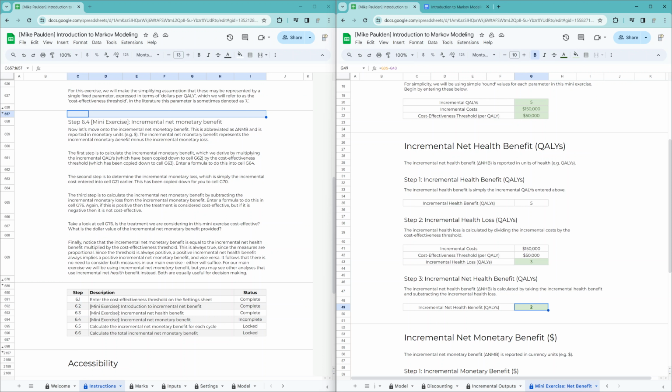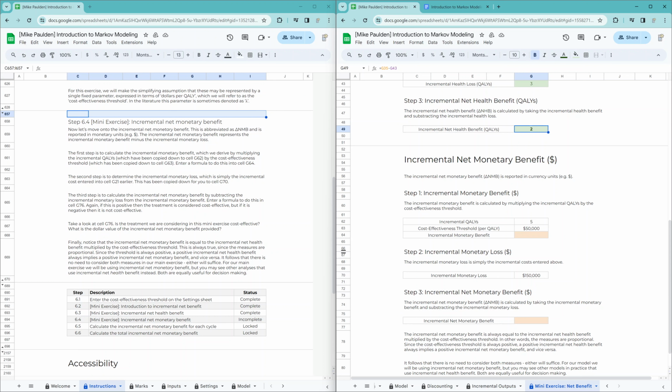Okay, so that's how incremental net health benefit works. You just take the incremental QALYs, you take the incremental costs and divide by the threshold to get the health loss, and you do the health gain minus the health loss to get the net health benefit.